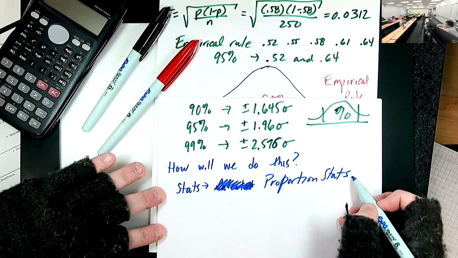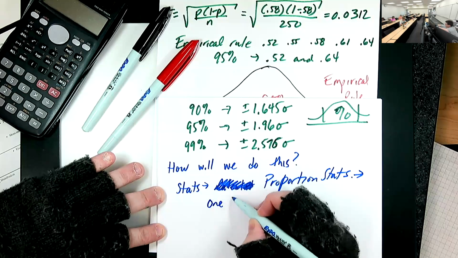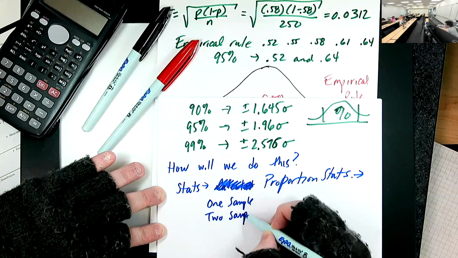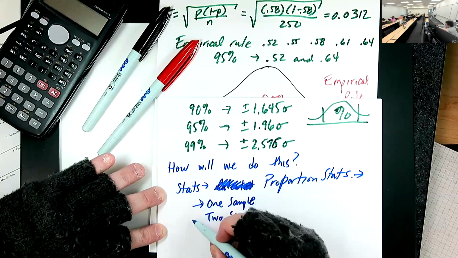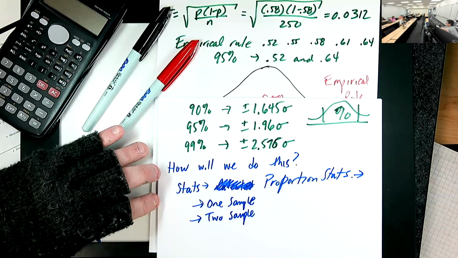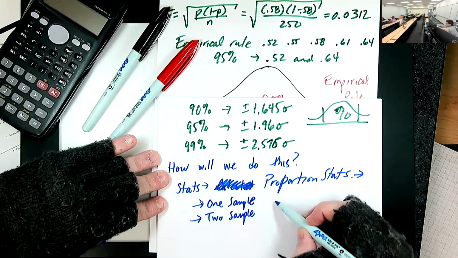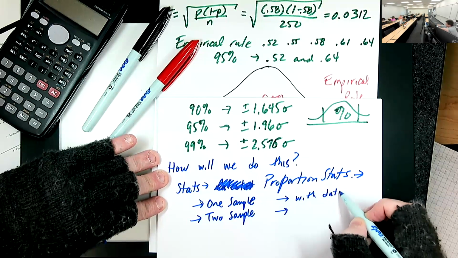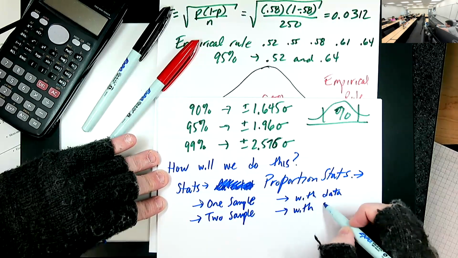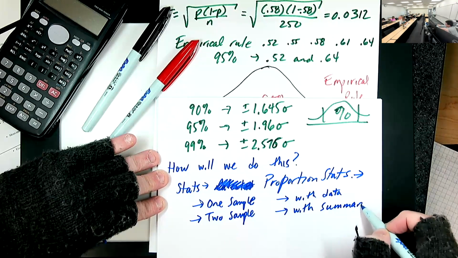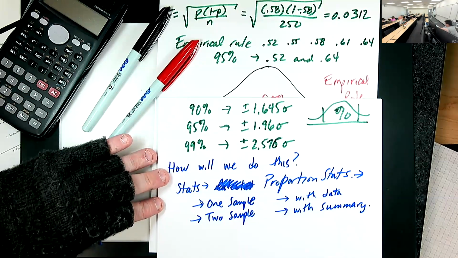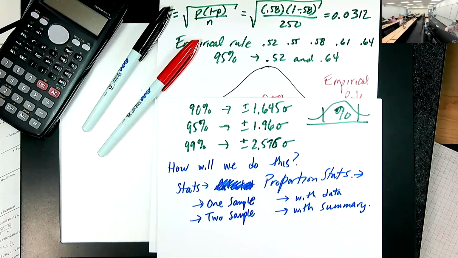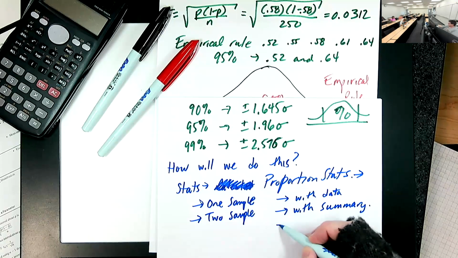For what we're generally doing here, you're going to be given the option of 1 sample or 2 sample. These are both options, and we're going to use both of these over the course of the next week. And you'll also be given options for with data or with summary. And there's also one that says power sample size.